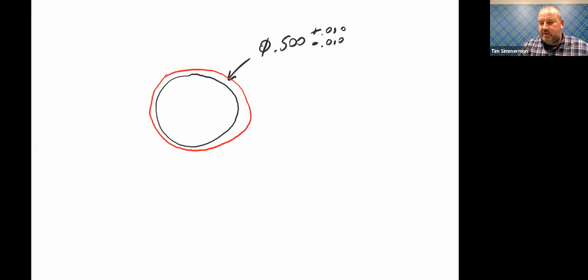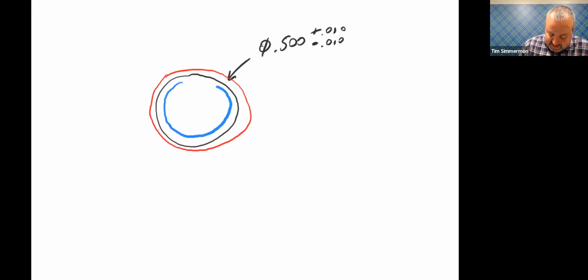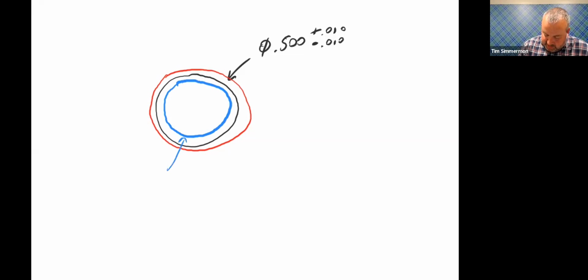I know that's perfectly round on your computer. That's a great circle. And we have an inner limit of size. At least I'm consistent, it's always sticking to the right there. So on that outer limit, well, let's fix, since I got the color here, that inner limit is 0.490. That outer limit is 0.510.